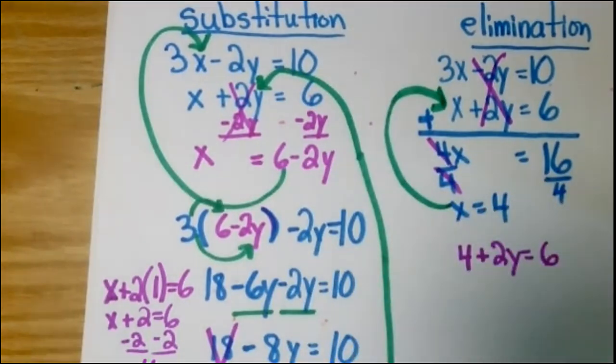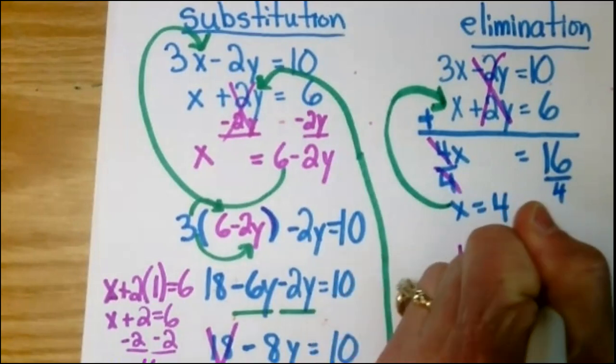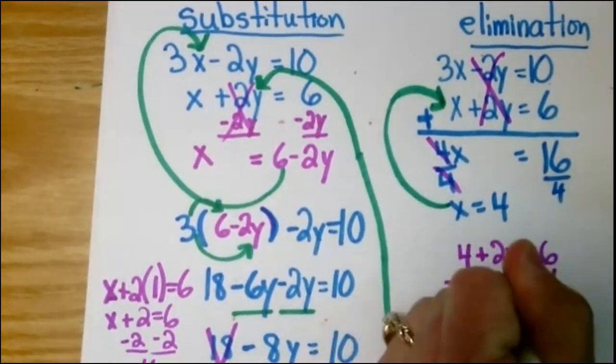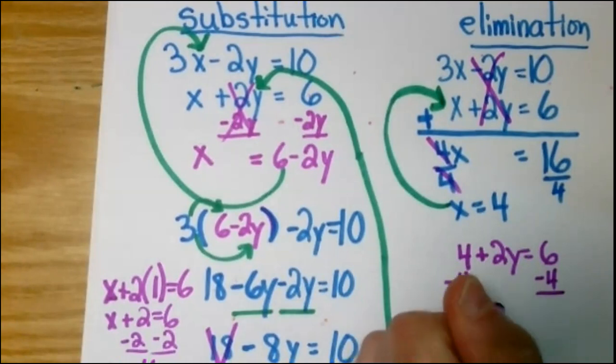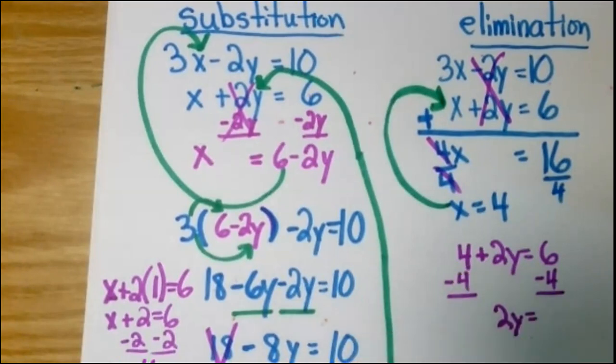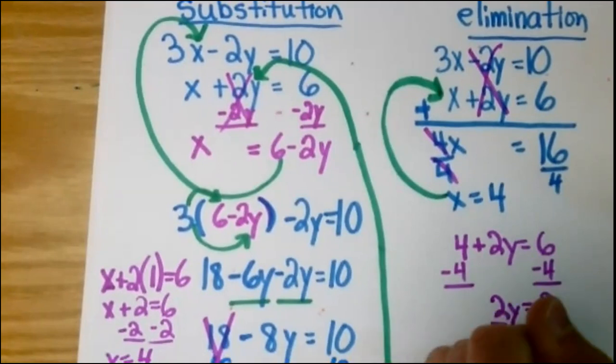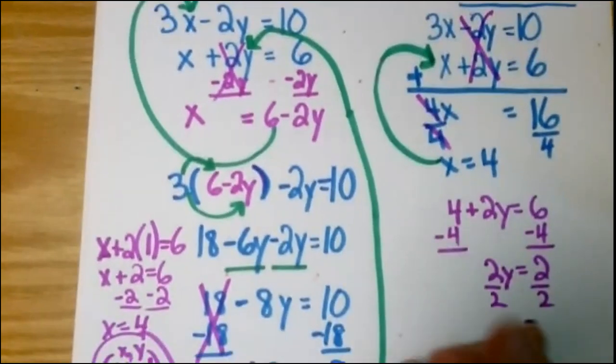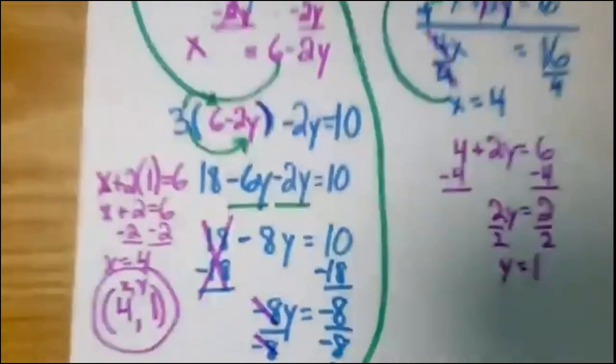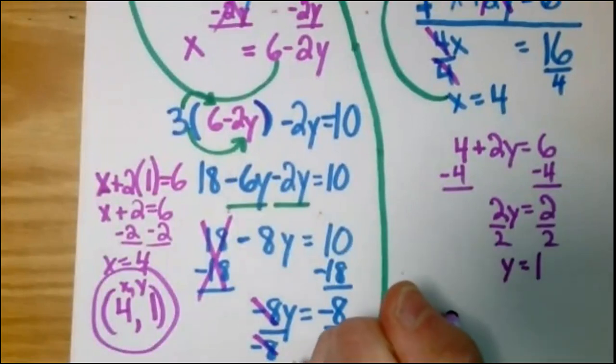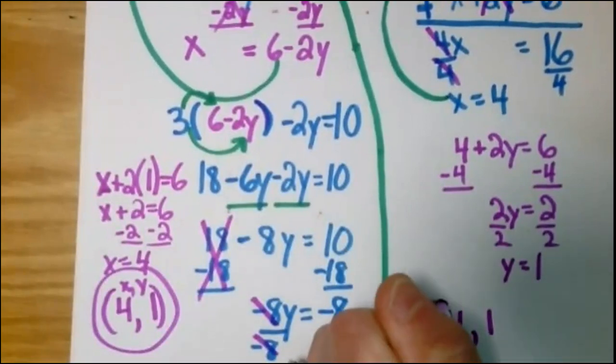We're going to solve for y now by subtracting 4 from both sides. I now have 2y equals 6 minus 4, 2. Divide by 2. I now am left with y equals 1. So my answer using elimination comes to x is 4, y is 1.